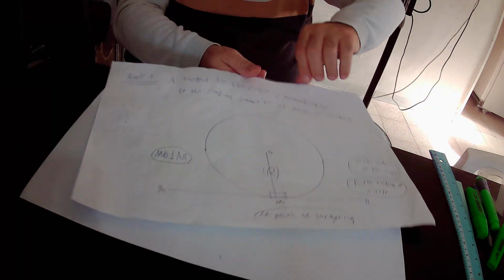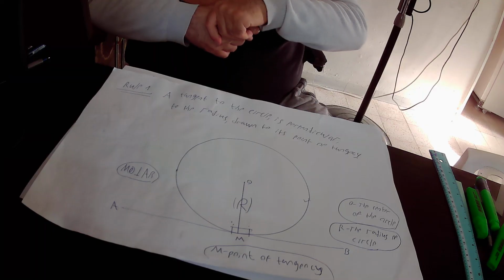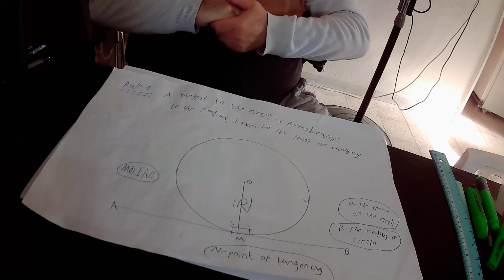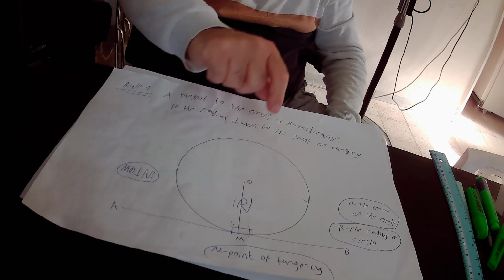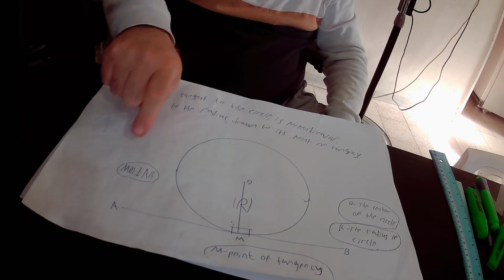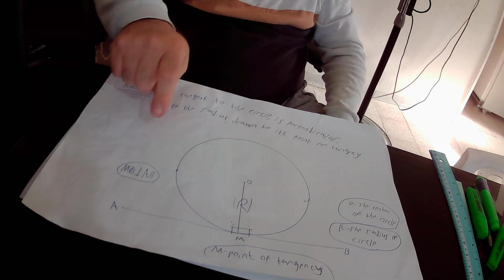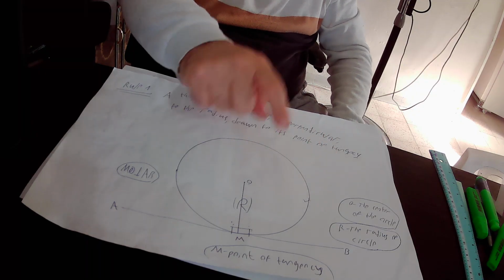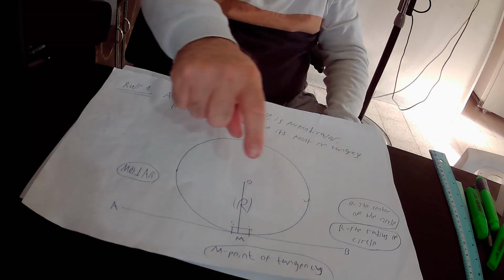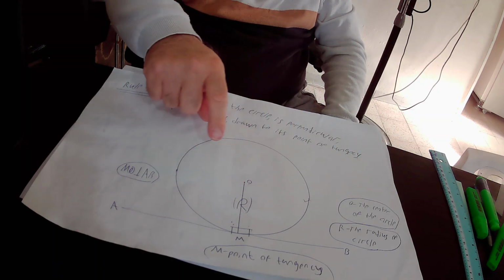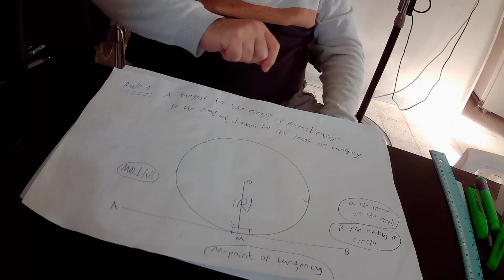According to rule 1, a tangent to the circle is perpendicular to the radius drawn to its point of tangency. So in the domain we have a circle and we have the radius OM equal to R. Line segment AB is perpendicular to the radius MO, and therefore line segment AB is defined as a tangent to this circle.